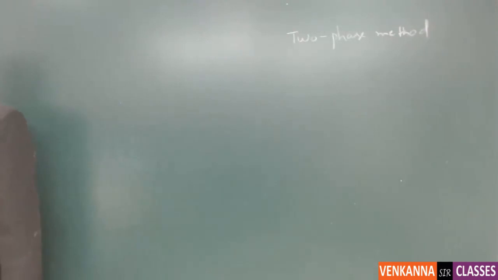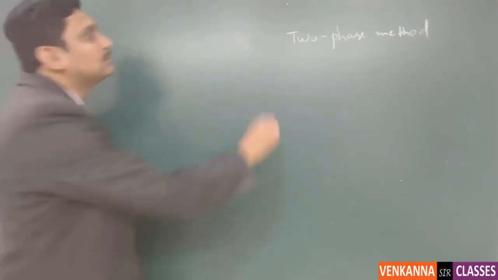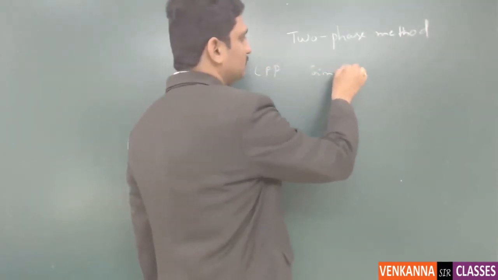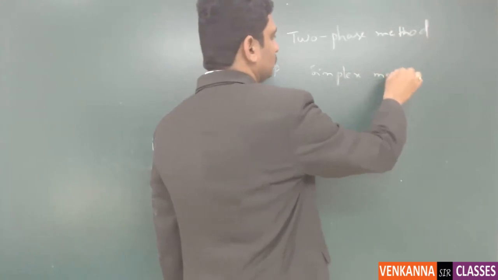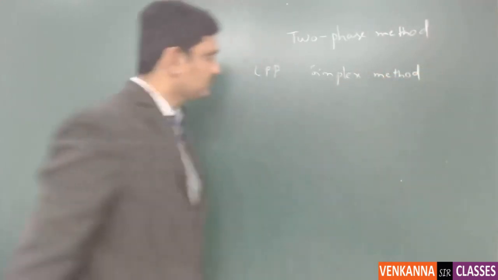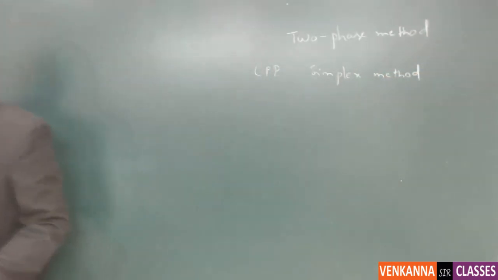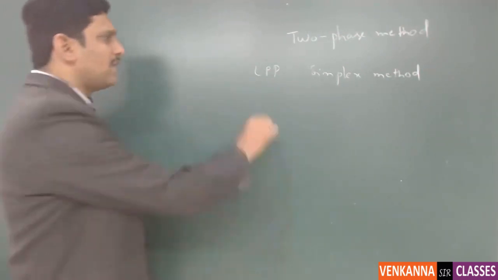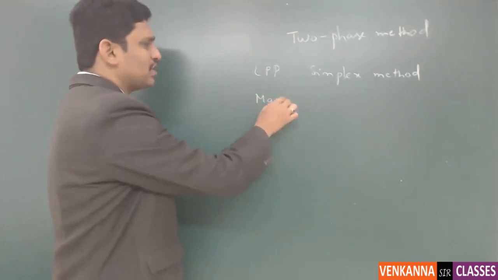So my intention is like this. Suppose a question is asked for an LP problem under the simplex method. Now what happens if I am a student, depending upon the question pattern, how I am going to use a method for solving the problem. The first thing is I will observe whether the objective function is maximization or minimization.